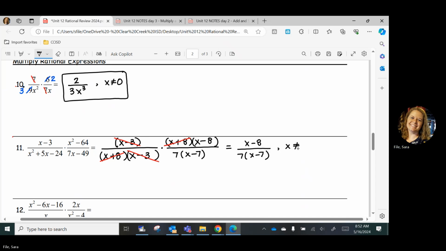No, that would make the numerator 0. It's fine if the numerator is 0. I don't want the denominator to be 0. What would have made this one 0? -8, right? So a -8, a +3, and a +7.